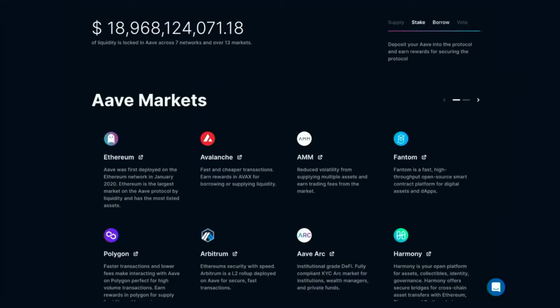We also have other markets with liquidity between 5 million and 40 million with organic growth. We deployed in 6 different networks, and we also have more markets like the AMM market.